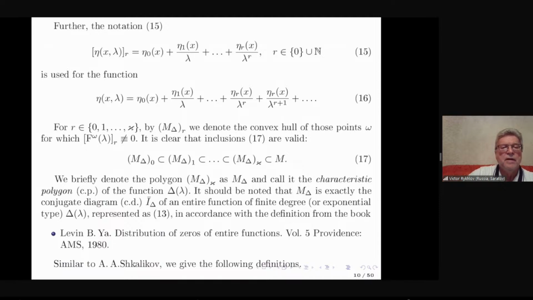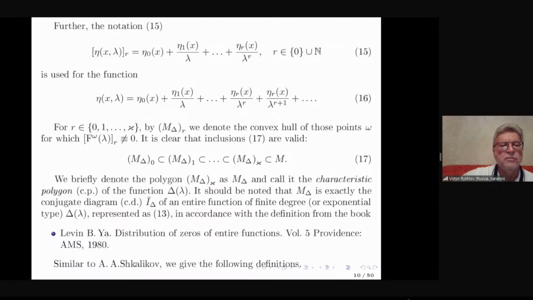Further, we use the following notation: we denote the 15 is used for the function 16. Use this notation.